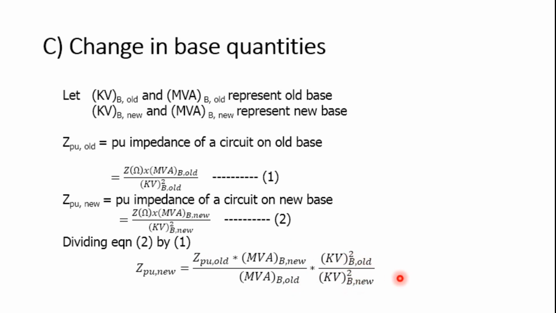This is the equation you are supposed to remember when there is a change in the base quantities. To remember it: MVA is new by old, kV base square is old by new. If it is new in one, it is old in the other. This is the equation you are supposed to remember if the base values change.